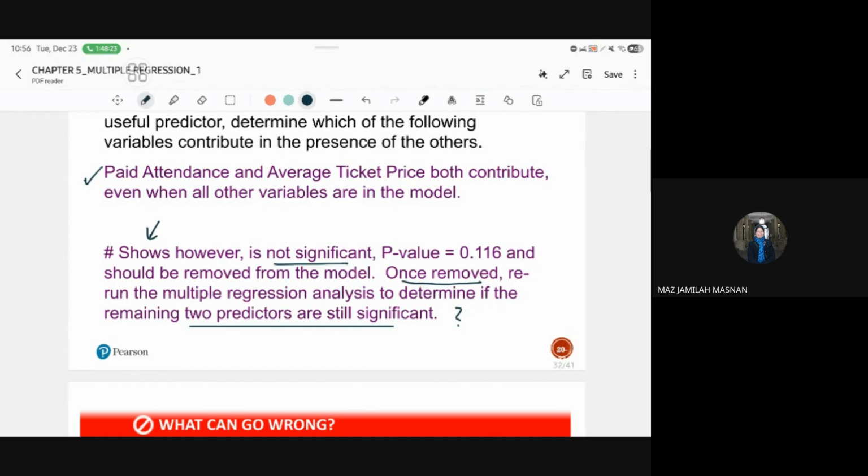For our next discussion on how to analyze, Excel can give you analysis for multiple regression. So if you wish to use Excel, for now you can just remain using Excel. For some of you who have already downloaded SPSS, you can proceed with SPSS.